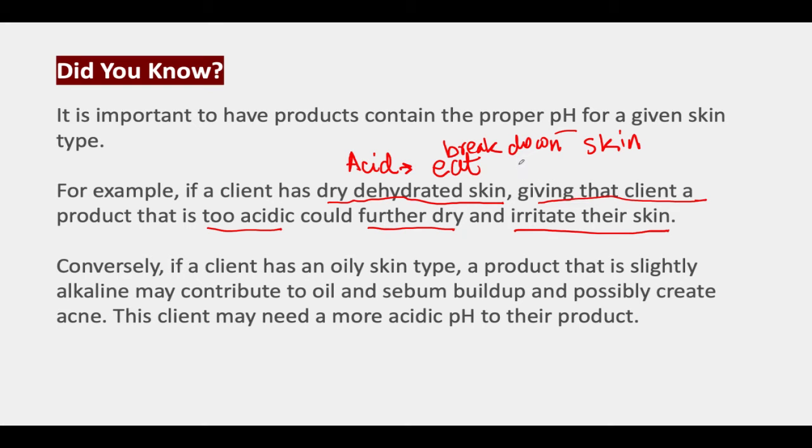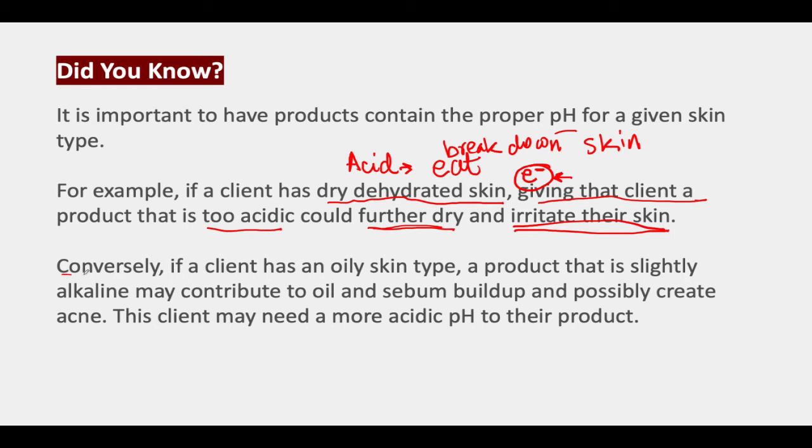Because acids are injecting electrons into the environment, and when the biological material gets enticed to say, hey, have some electrons, it starts to move towards the electrons. If there's a very strong acid, that whole skin structure will start to break down, and that's where you get further drying and irritation of the skin.